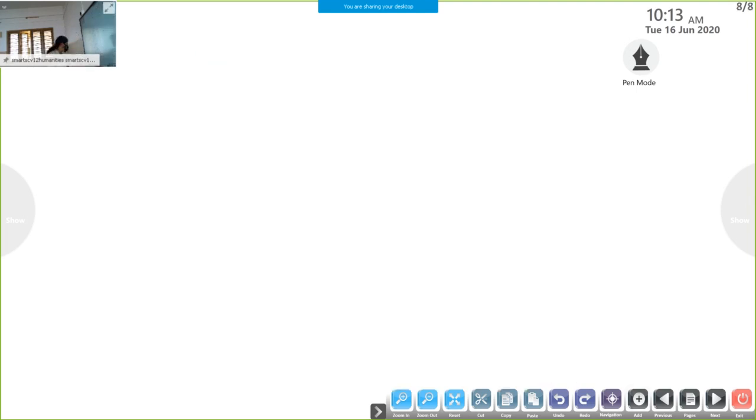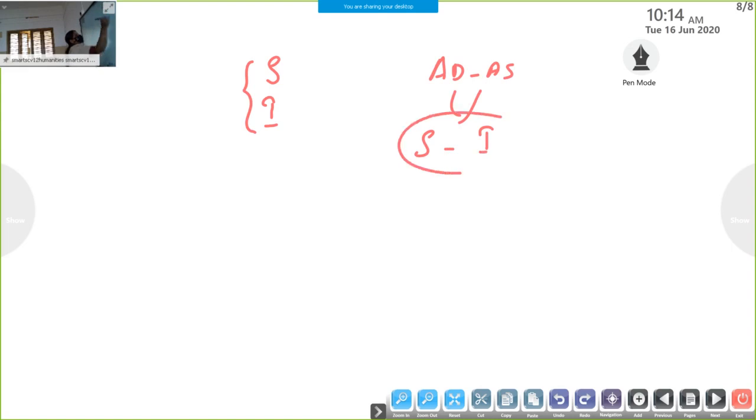How can you explain it? Like the ADAS approach, you can explain like this. First you have to write about saving, then investment. Before that you can give this from ADAS, you can derive SI, then you can write about S and I. It has three situations.